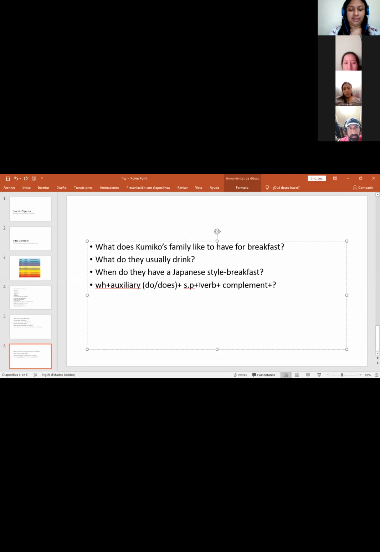You see? Frequency adverb plus the verb. So this is the structure for questions where we include a frequency adverb. Questions so far? You can take your notes, because we're going to use this formula for the next activities in today's session.